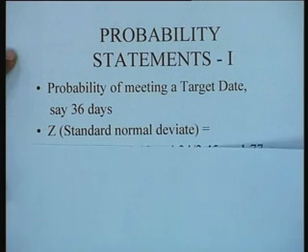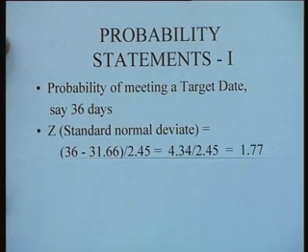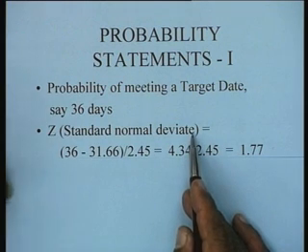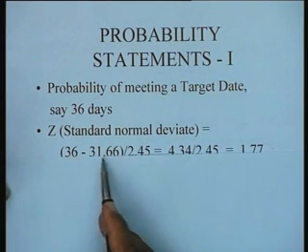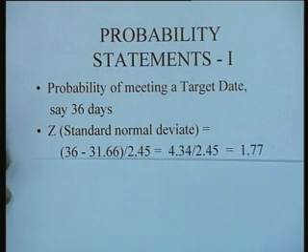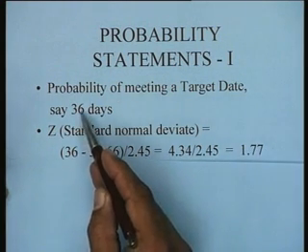So what you can do is, for this particular example, you can compute the standard normal deviate, which is nothing but x minus mu by sigma. So x minus mu by sigma would be, I am interested in finding out for 36 days.